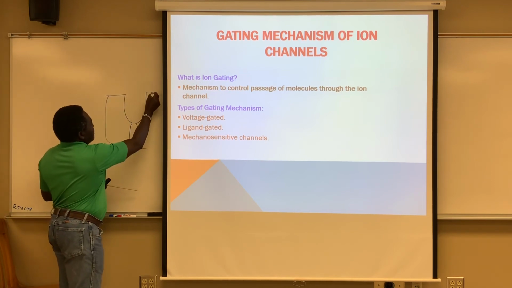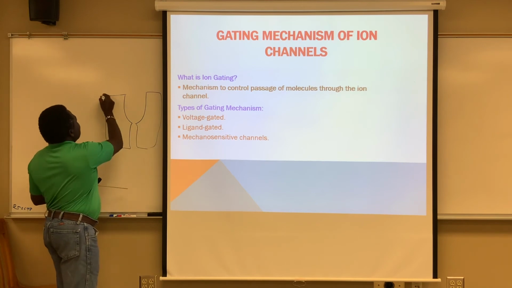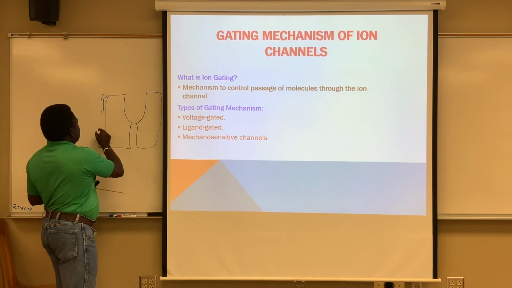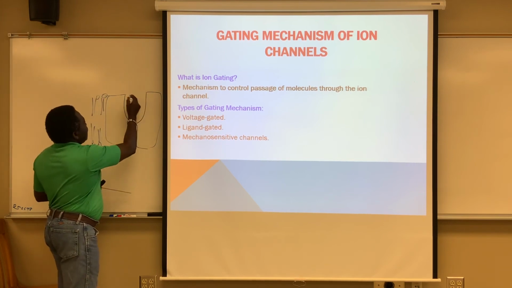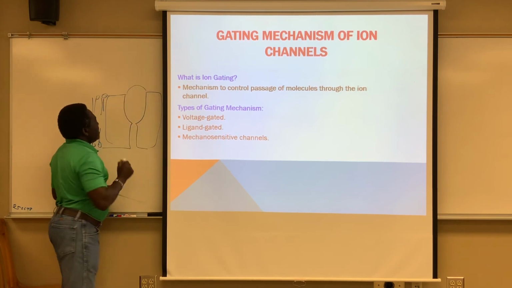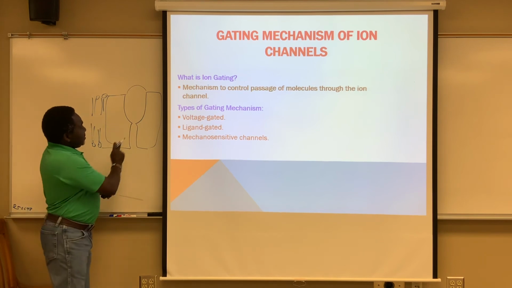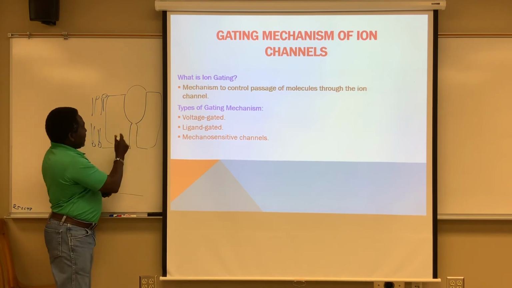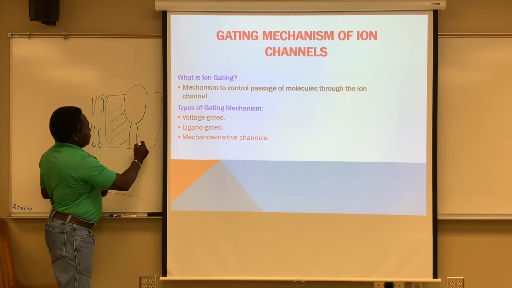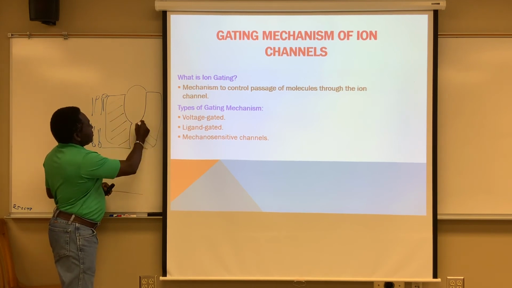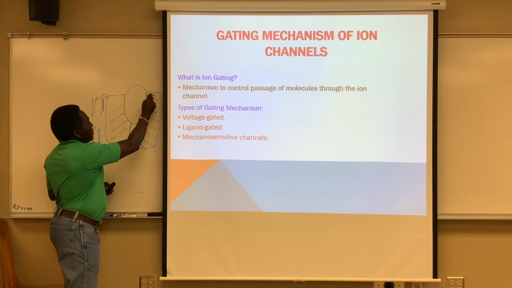This is the protein itself. And don't forget that this is within the membrane, so here is the phospholipid bilayer. Now, this central constriction is essentially for selectivity, to ensure that you don't have solute beyond a certain size going through.